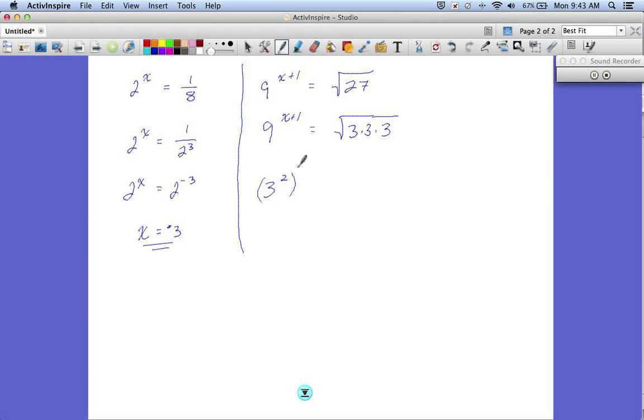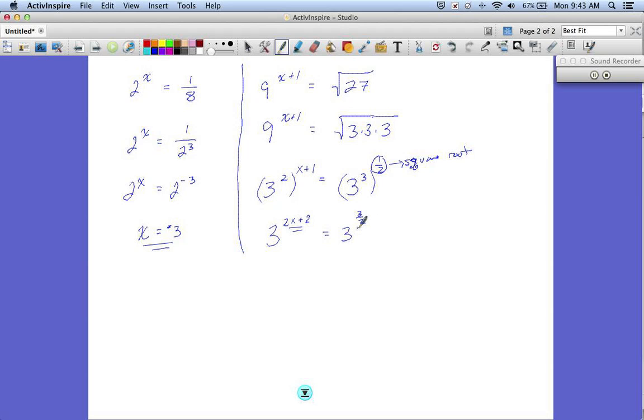So 9 to the x plus 1 equals the square root of 3 cubed. Okay? So power to power we multiply. So be careful. That's 2x plus 2 equals 3 to the 3 halves.